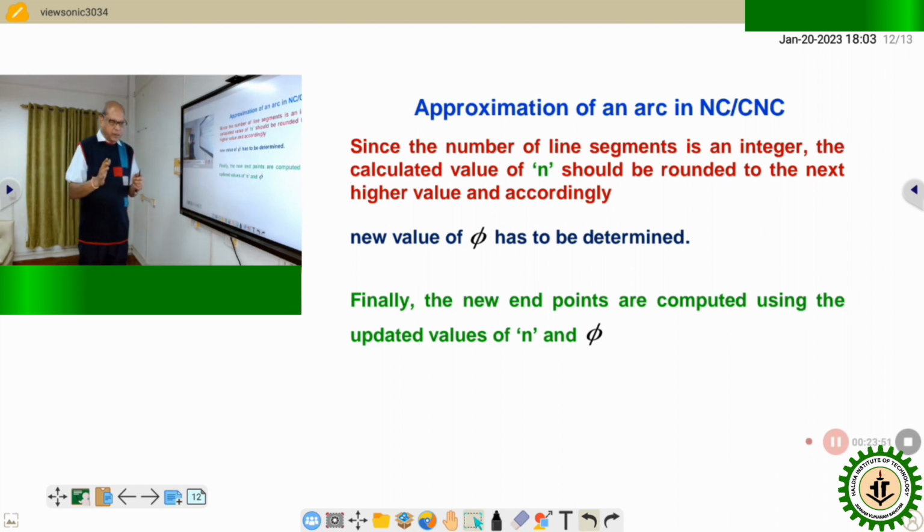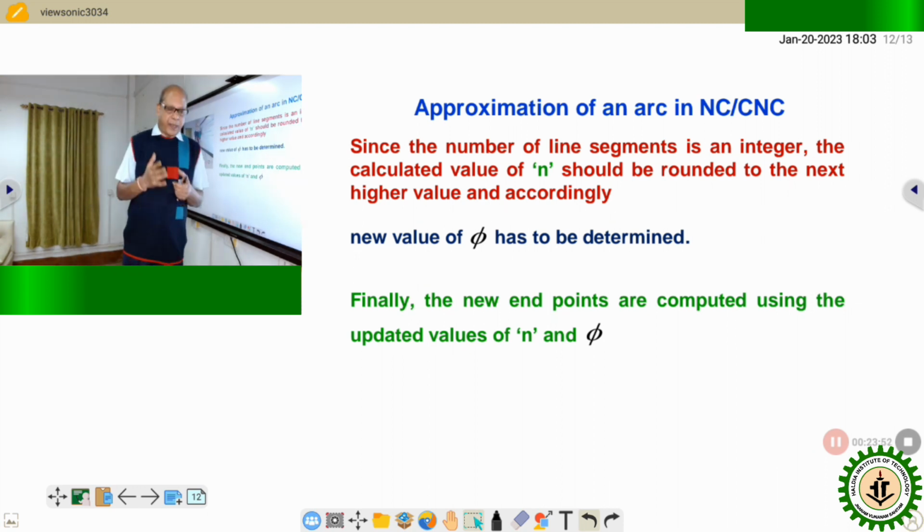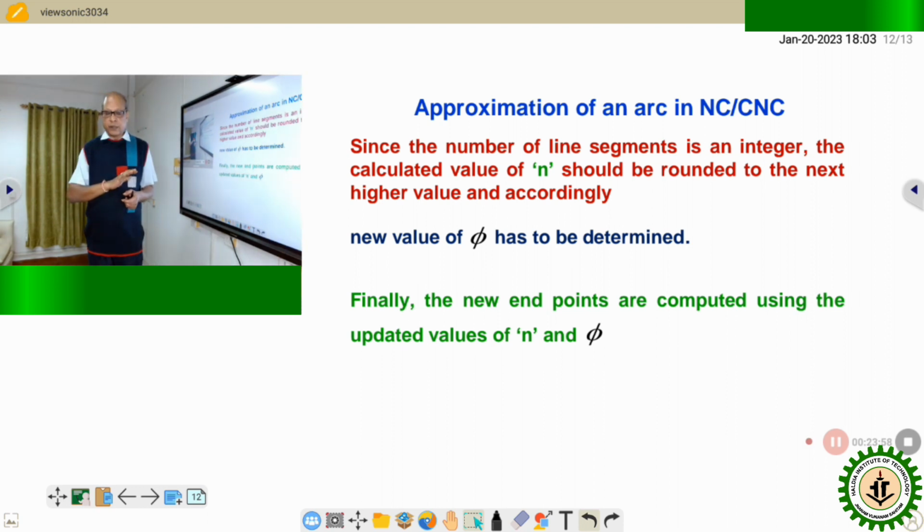So once again, what is the final concluding part of the circular path generation? It is never possible to generate a circular path perfectly, rather it has to be approximated by a number of straight line segments. And what should be the optimum number of line segments into which it will be decomposed?